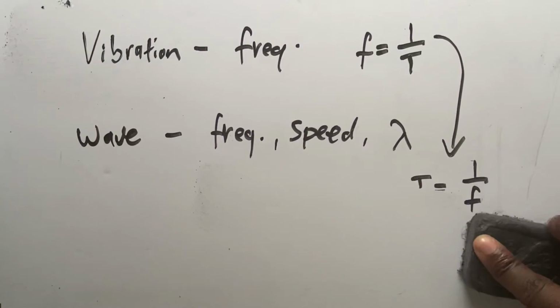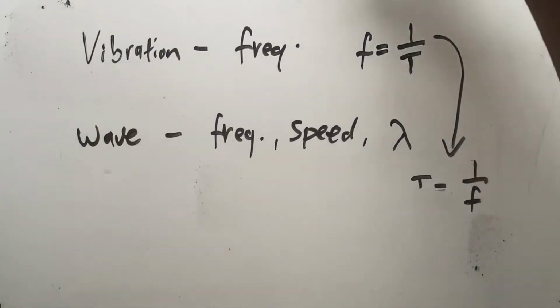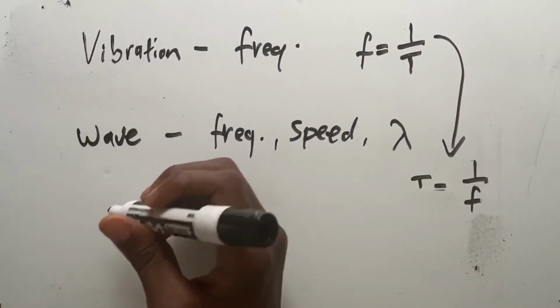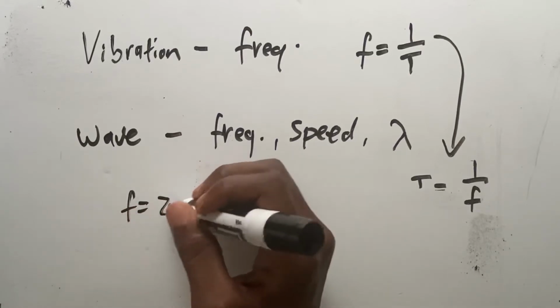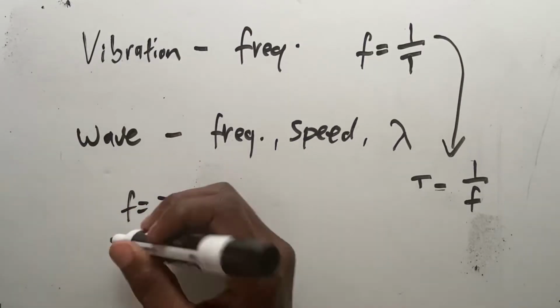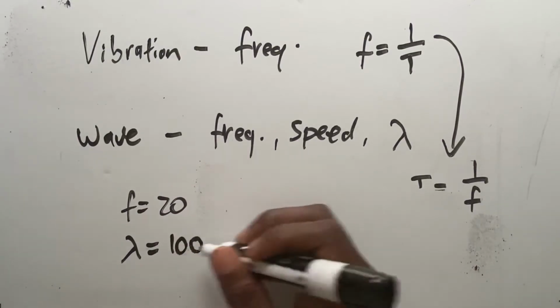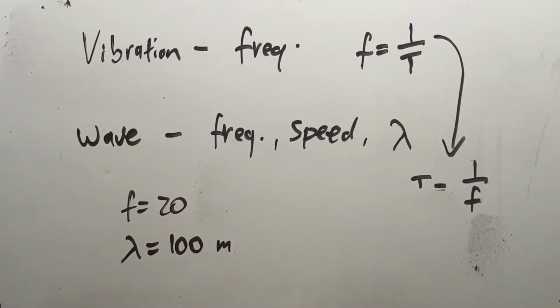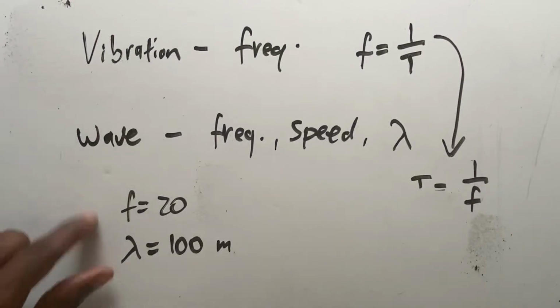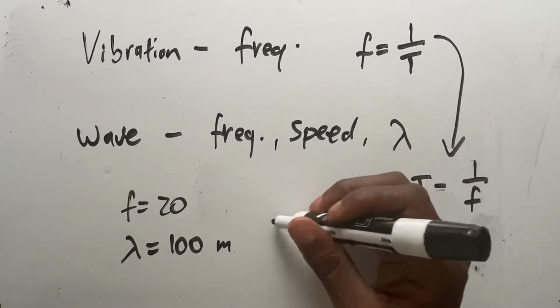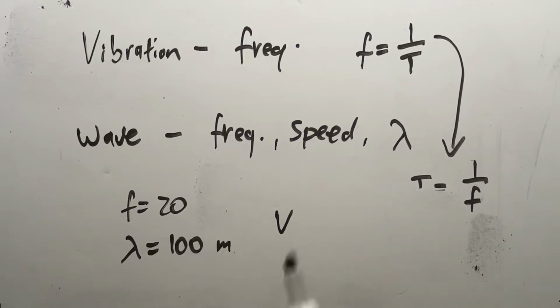All right. So now let's say, going back to this example, the frequency is equal to 20. Let's say the wavelength is equal to 100. Then what would be the speed of this wave? What would v be?